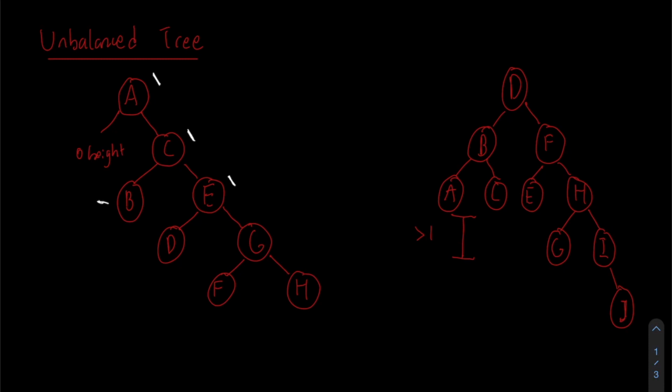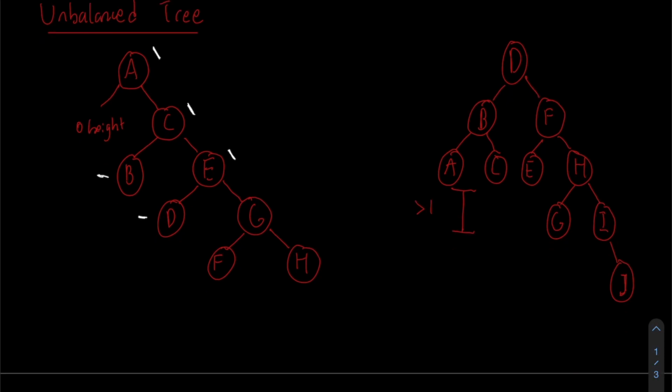So we're going to put a right heavy for that. And D is going to be of equal heaviness. Same concept. Once we get to G, we notice that F and H both have a height of 1 compared to how far they are from G. So it's actually going to be equal heavy, not right heavy. So you got to be careful when you're labeling these trees.